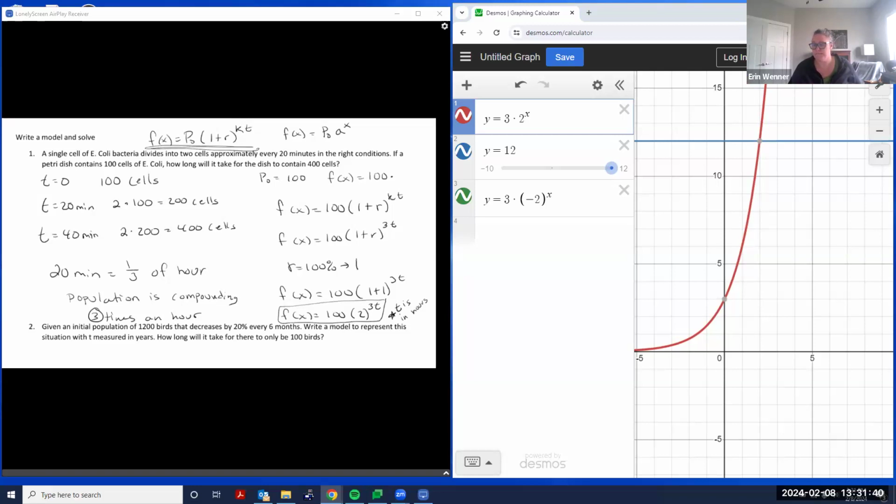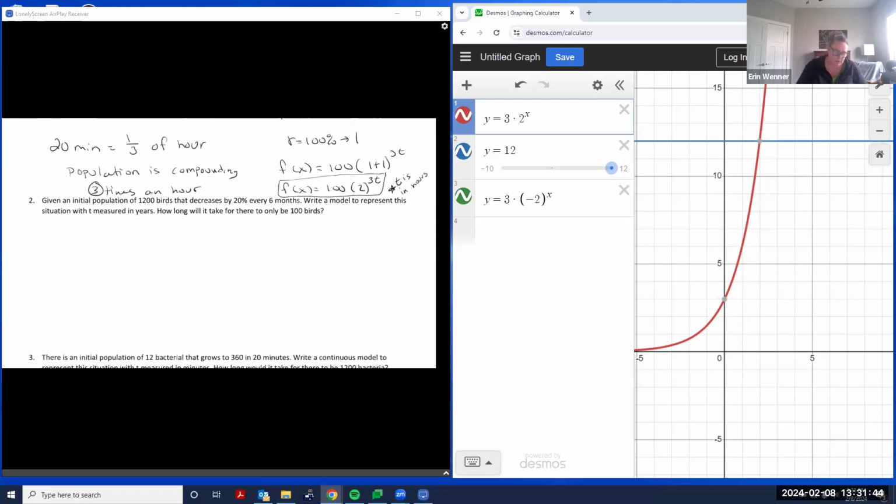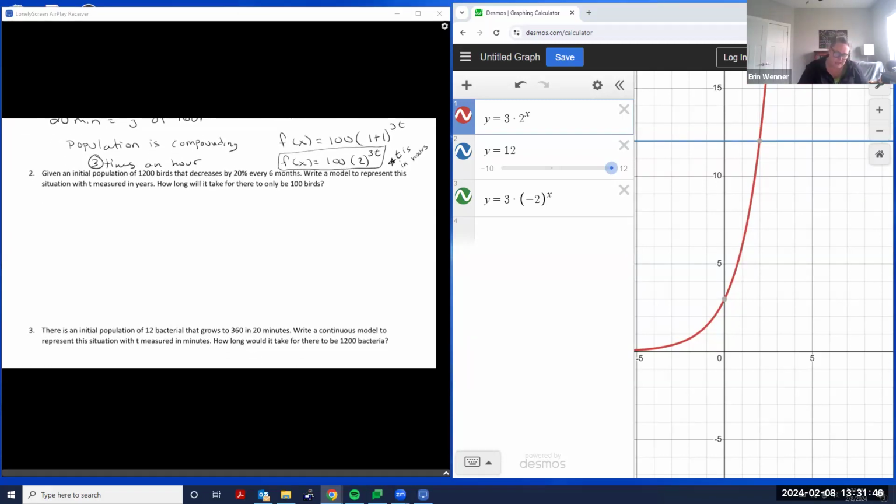Okay. All right. So the next one says, given an initial population of 1,200 birds that decreases by 20% every 6 months, write a model to represent this situation with T measured in years. How long until there will be only 100 birds? So here are some pieces to pick out that are important to notice and which can guide you towards which model to use.